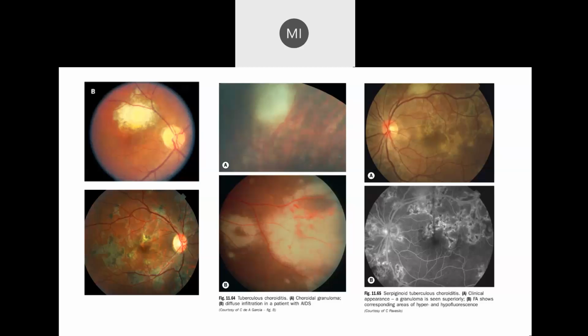On the right side, the top right fundoscopy shows a clinical appearance of serpiginoid tuberculous choroiditis with a granuloma, which can be seen at the superior part. When fluorescein angiography is done, areas of hypo and hyperfluorescence can be appreciated, as shown in the diagram in the bottom right.